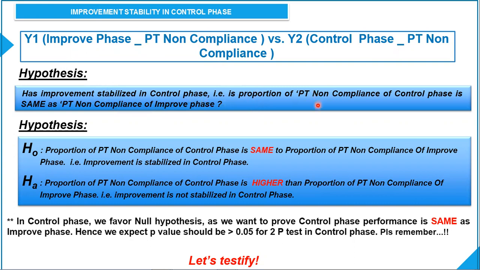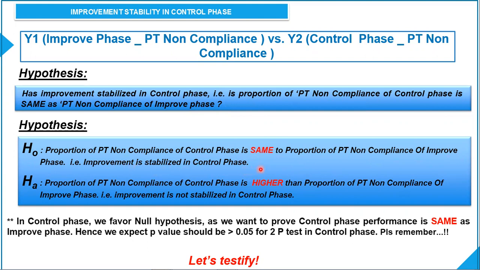That is, the proportion of PT non-compliance of the control phase is the same as the PT non-compliance of the improve phase. That's our hypothesis. And what is our H naught, the null hypothesis? The proportion of PT non-compliance of the control phase is the same as the proportion of PT non-compliance of the improve phase. That is, improvement is stabilized in the control phase.